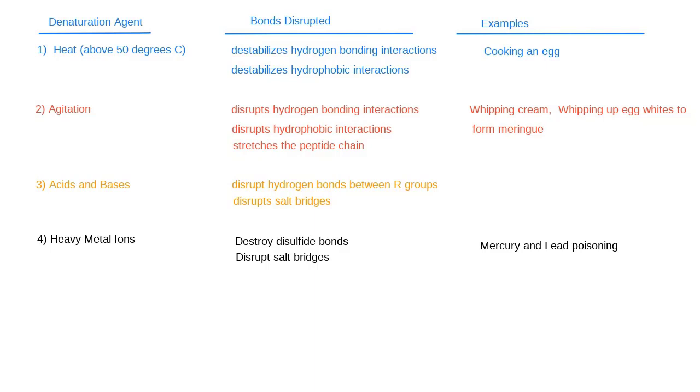Okay, and then of course there's also lactic. So for acids and bases, you can have adding lemon juice to milk to make ricotta cheese.